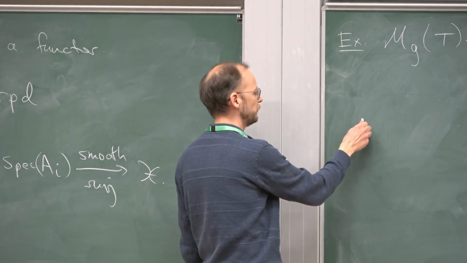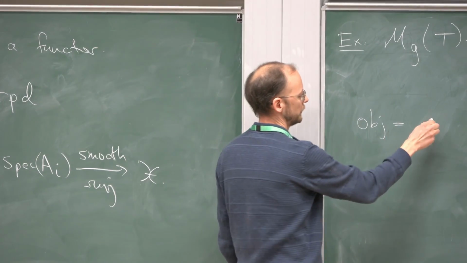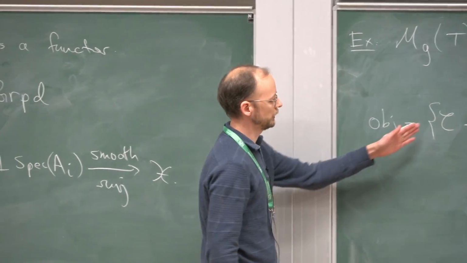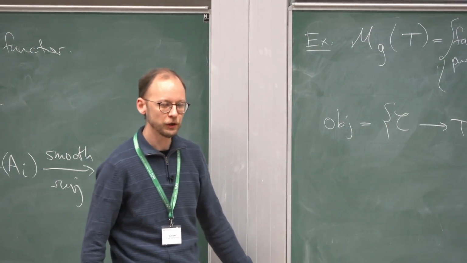So the precise way is that I say that objects are these proper flat families of genus g curves.